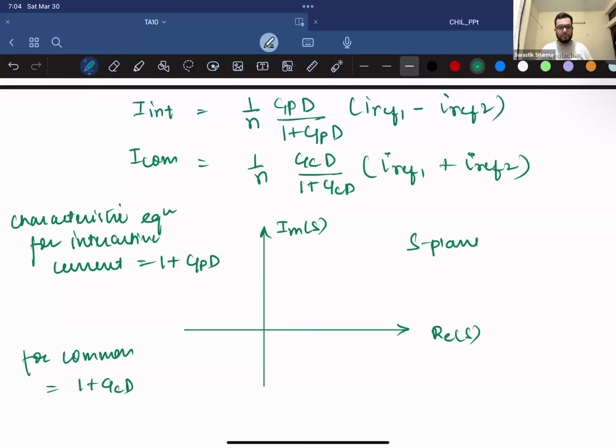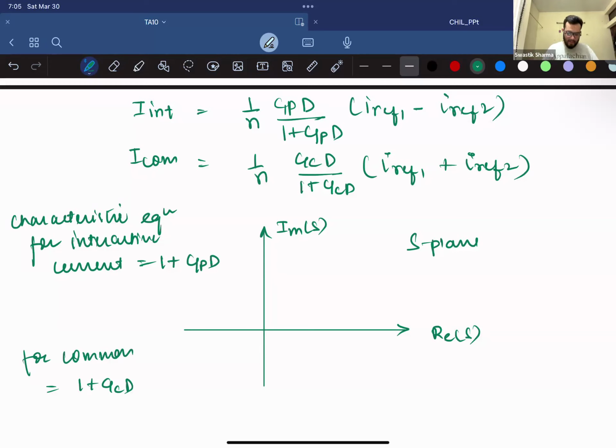Now you check the poles. What are poles? You equate all of them to zero and check the value of S. The point at which the transfer function becomes infinite is called a pole.